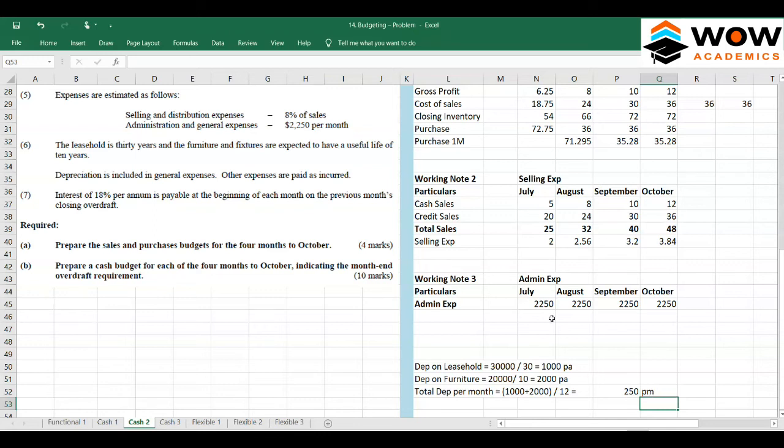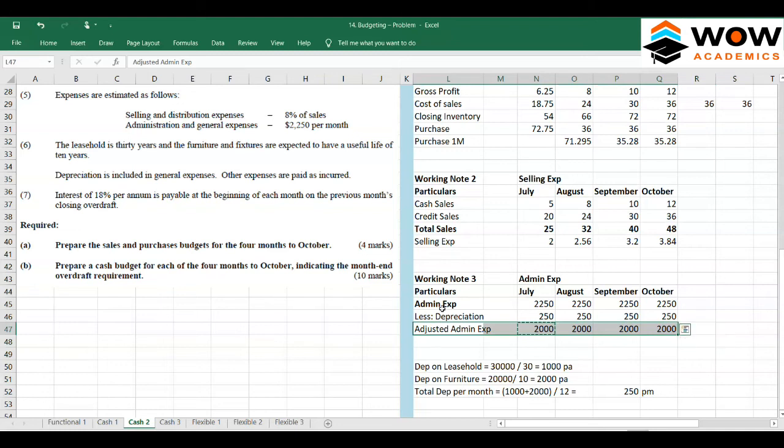So 250 we have to deduct from here. So less depreciation. Every month it is 250. We reduce 250 and we'll get the adjusted admin expense. So that will be 2000. For all the months it's 2000.